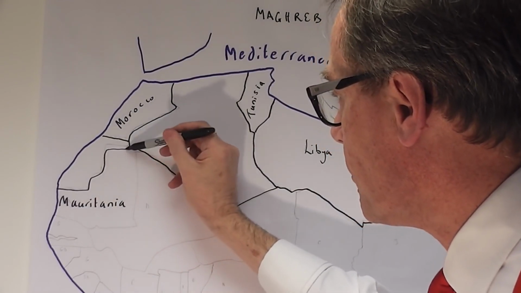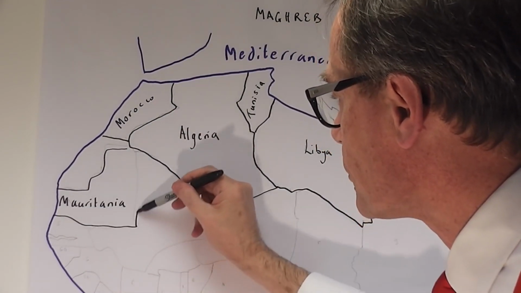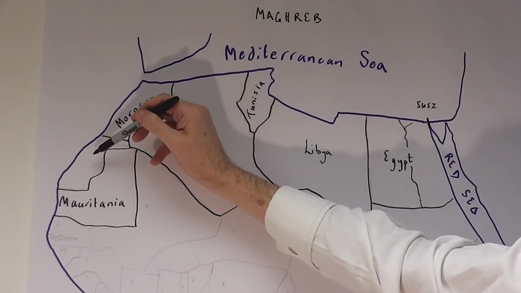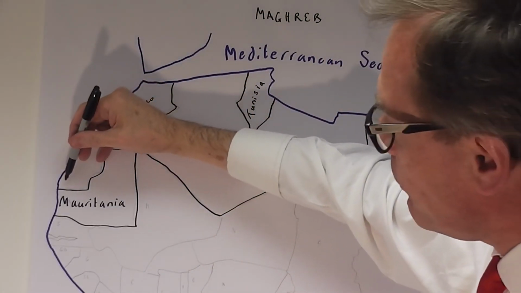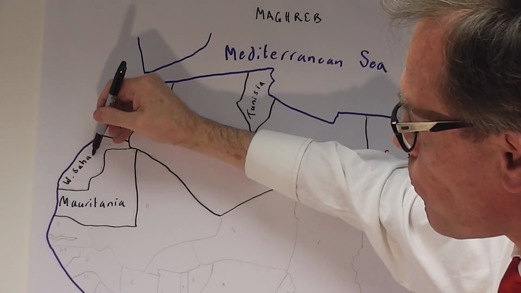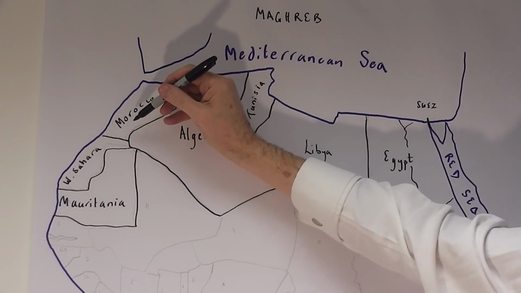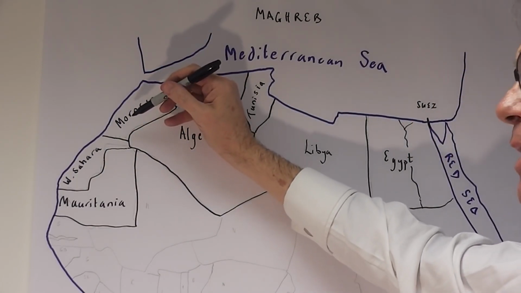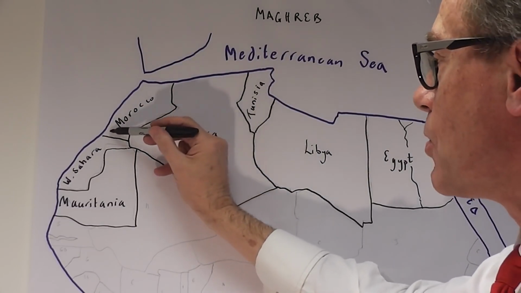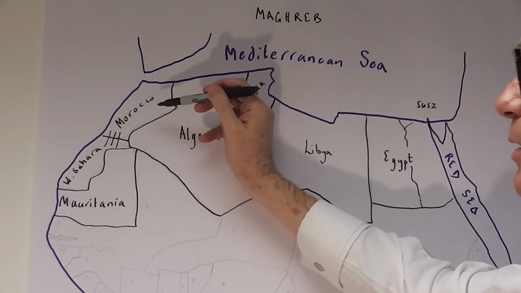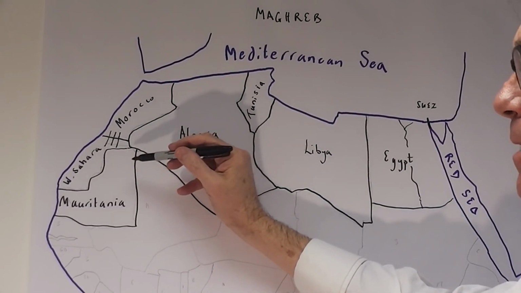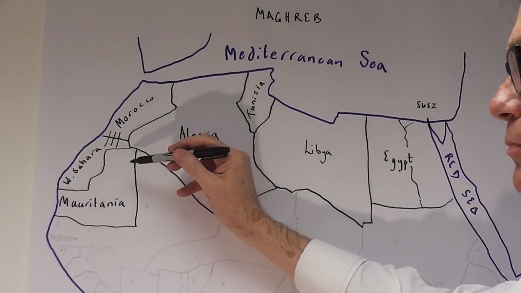So that's Mauritania there. And you'll see that we've left one country out here. This is the Western Sahara. A country which is absolutely completely desert and has a very small population, and it's completely controlled by Morocco. So that border there hardly exists. Western Sahara, a country controlled by Morocco.